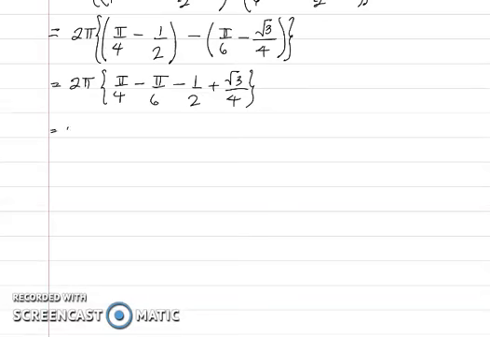So this becomes 2 pi. The LCM here would be 12. 4 into 12 is 3. 3 times pi, 3 pi. So it's 3 pi minus 2 pi, which would just simply be pi. So it's pi by 12 minus a half plus root 3 over 4, and this is cubic units.